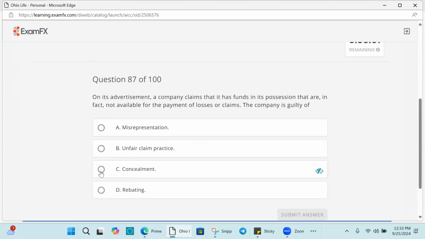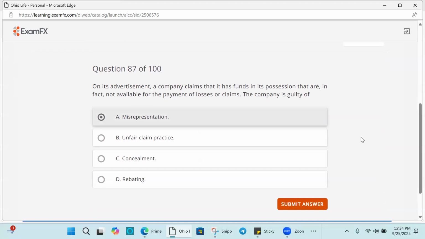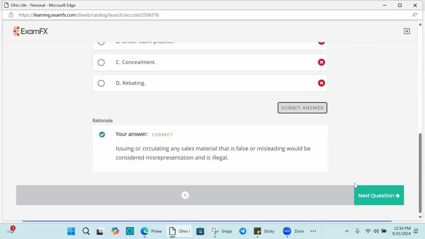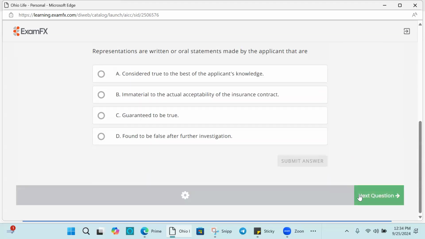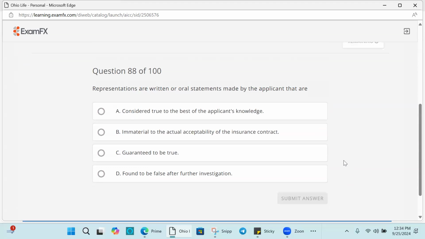That's misrepresentation. I thought you were getting ready to say concealment. I almost did, but concealment is hiding information. They're saying information that is not accurate.